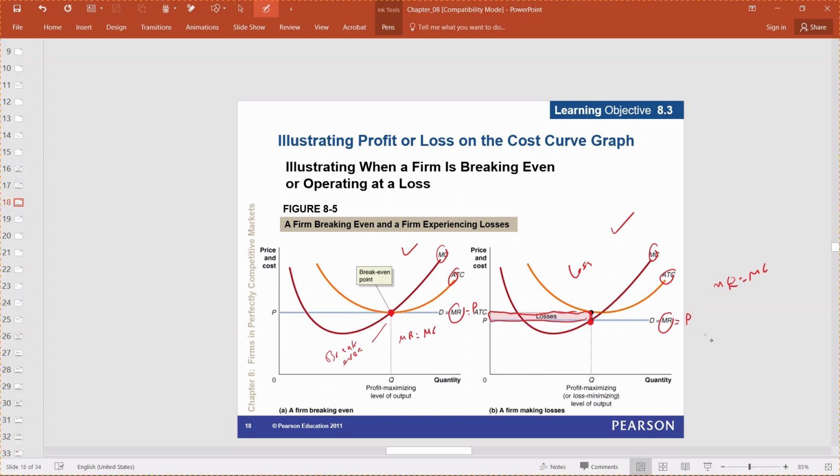Okay, until now, I think we need to stop here, and then we'll continue by introducing the idea of when the firm can shut down the activities or reduce output because of losses that it faces in the short run.